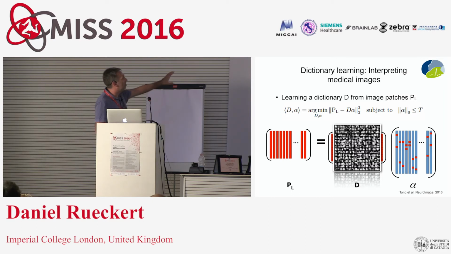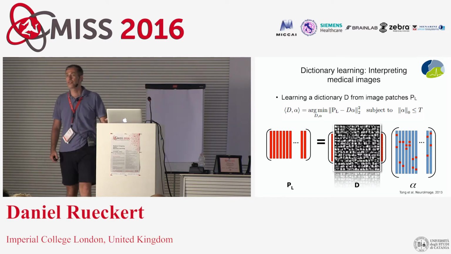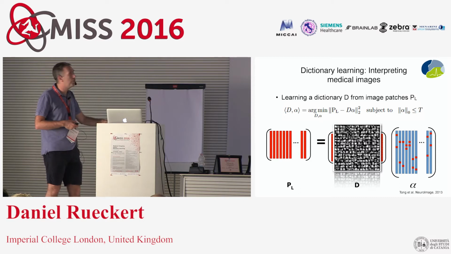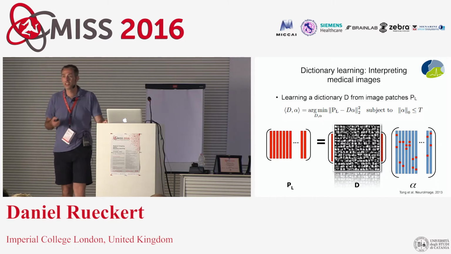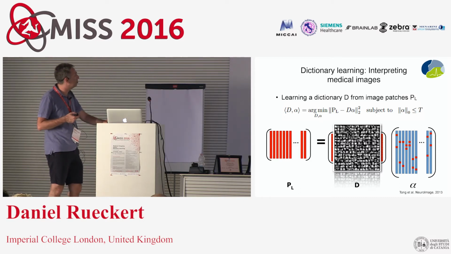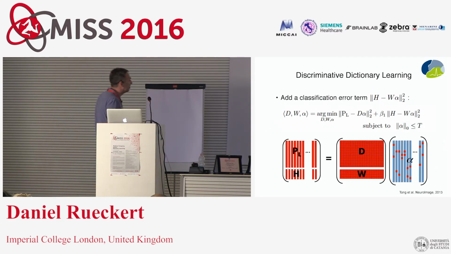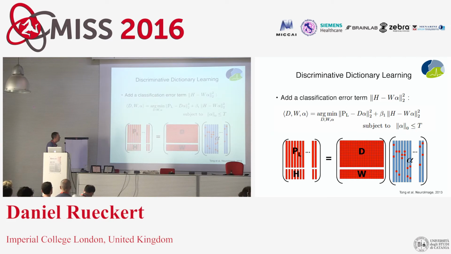It turns out I can do a simple trick to transform this dictionary learning into something more discriminative. I'm going to do this by adding a very simple linear classifier, basically adding labels to my patches here. I'm going to learn a very simple linear classifier as part of the dictionary atoms, which will give me my reconstructed labels as well.